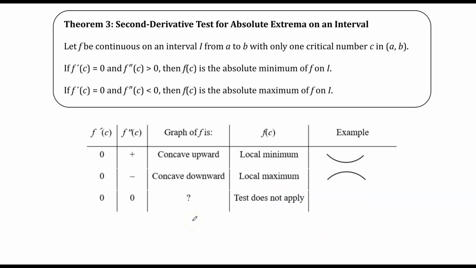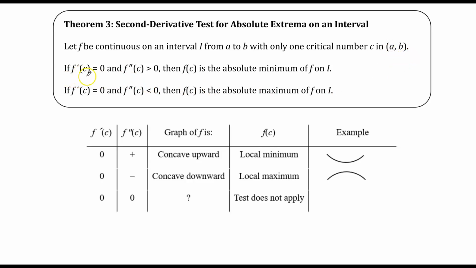This next theorem will use the second derivative test to find absolute extrema on an interval. Suppose you have a continuous function on an interval I from a to b with only one critical number c on that open interval (a, b).